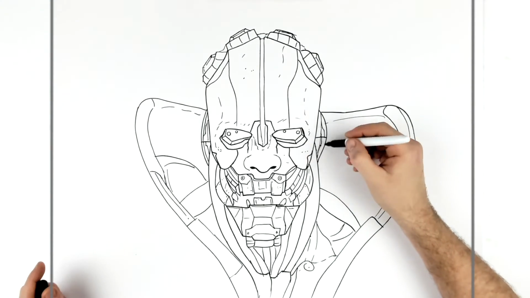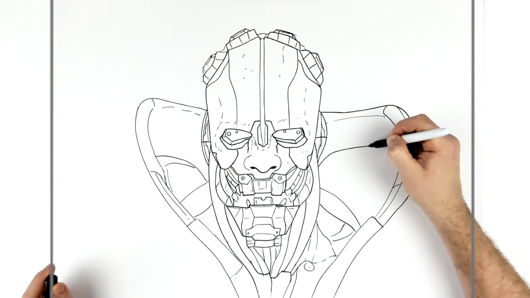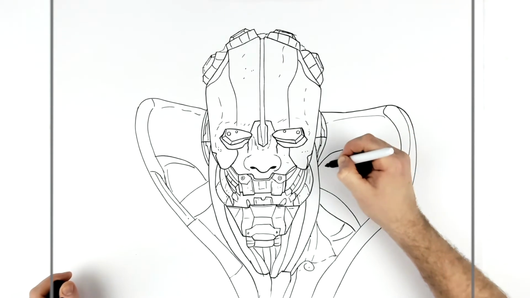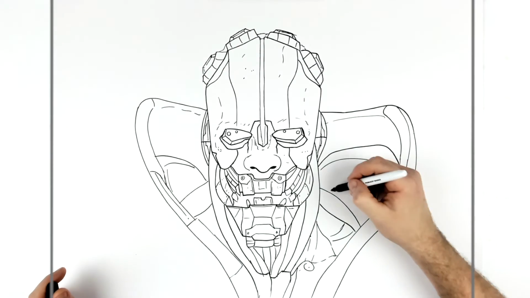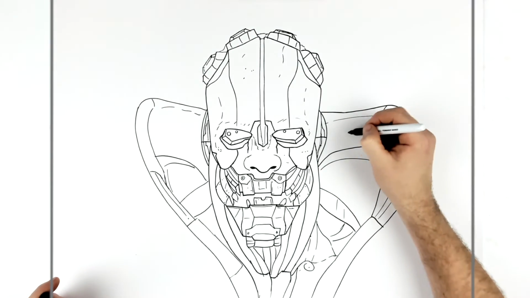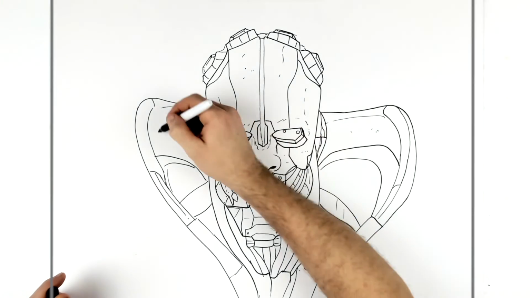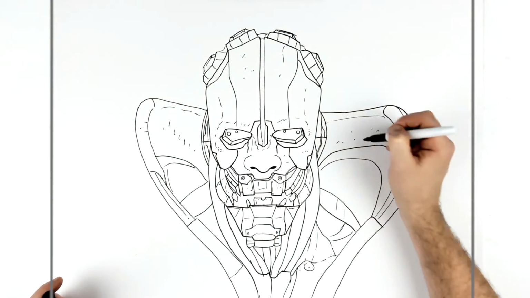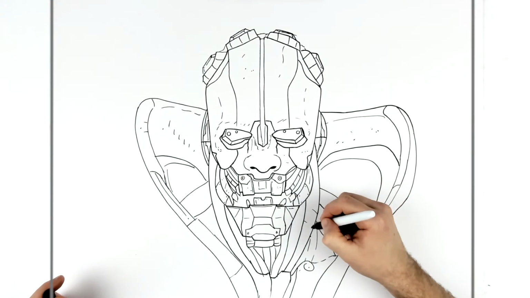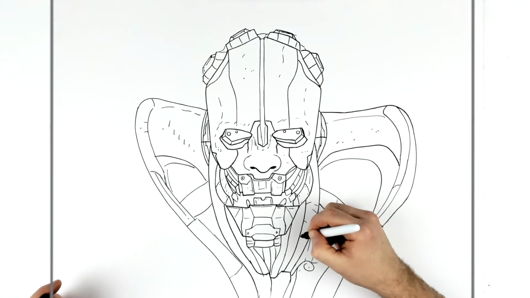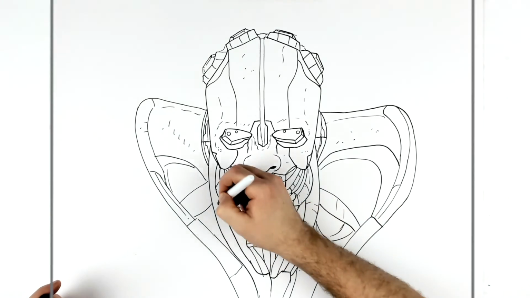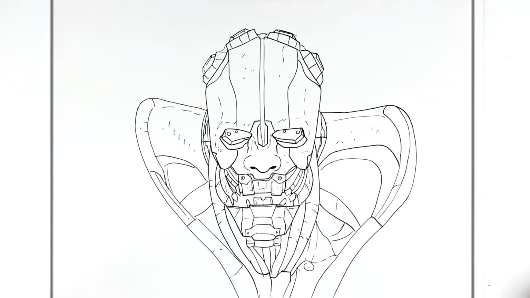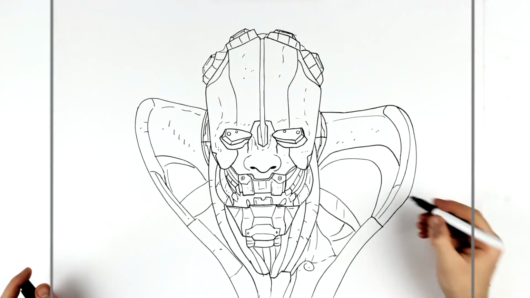Another one inside. So there's no easy way to draw these. You just kind of have to copy them as best you can. Put some textures on them maybe. Some curved lines on these pipes just to show that they curve as well. Right.